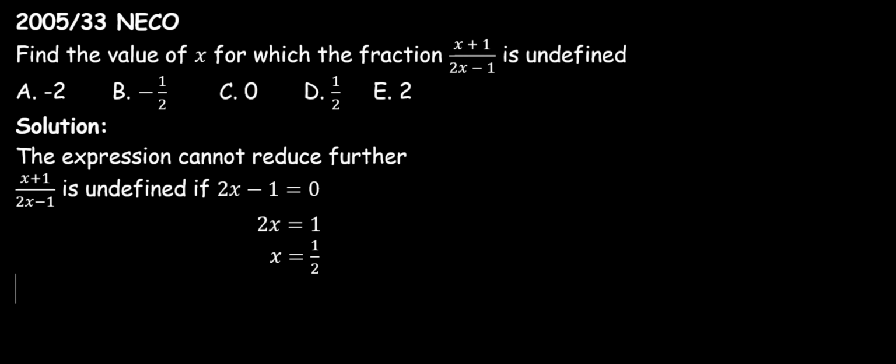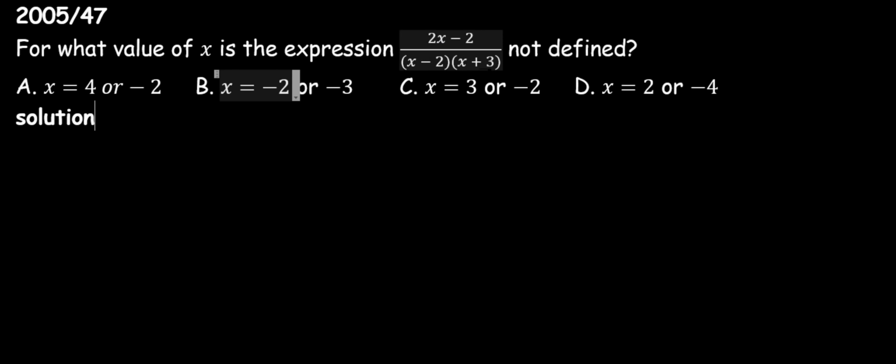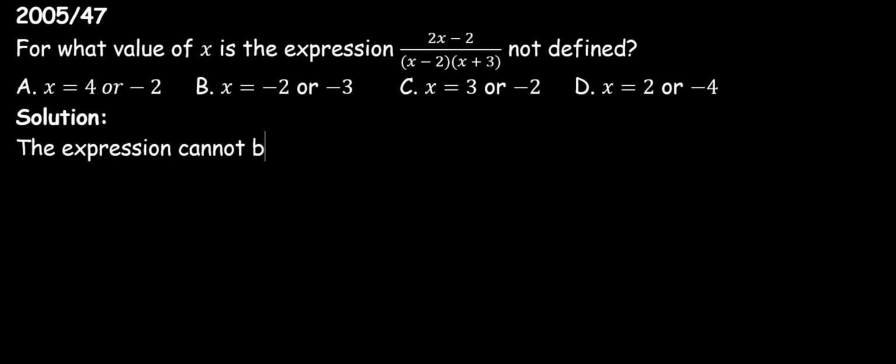Let's take another example. For what value of x is the expression 2x minus 2 divided by (x minus 2) into (x plus 3) not defined? The options are given. Solution. First, we check our given expression, and we can see that the given expression cannot be reduced further.